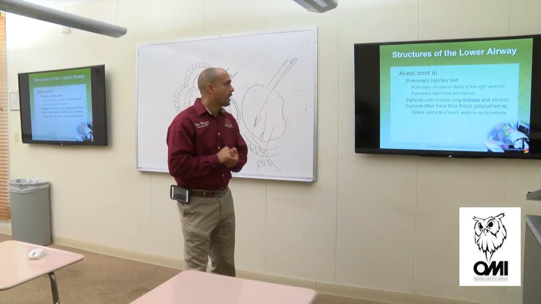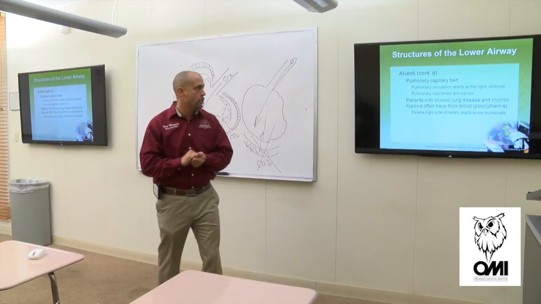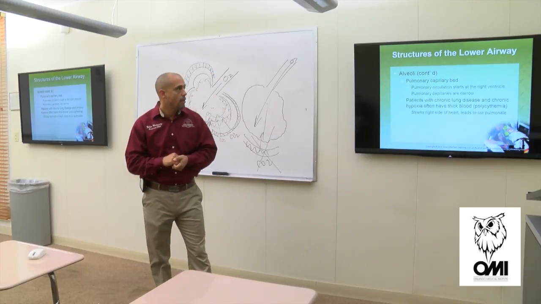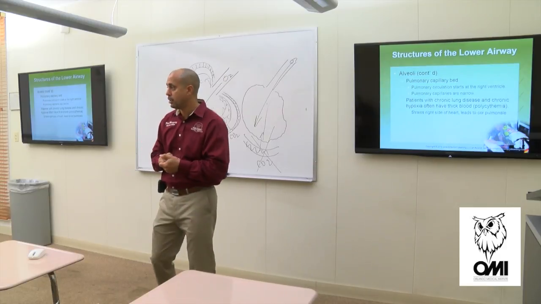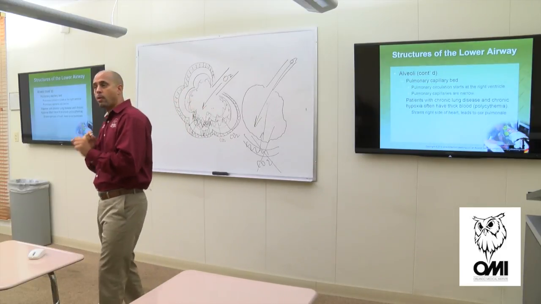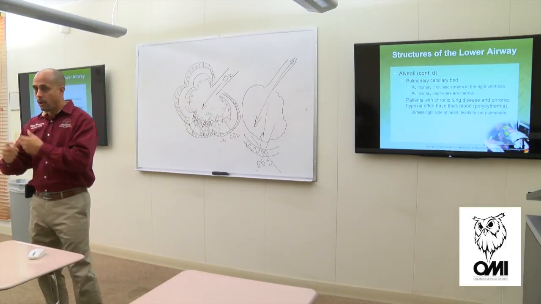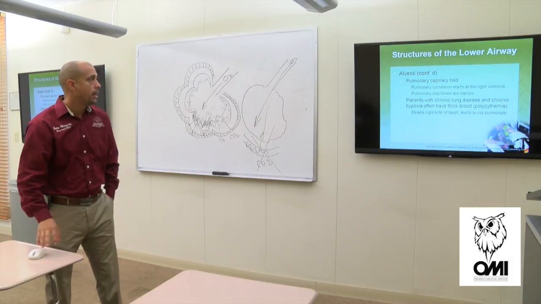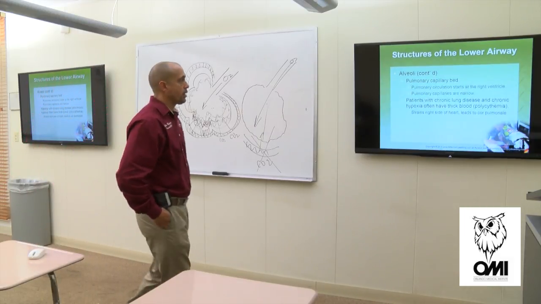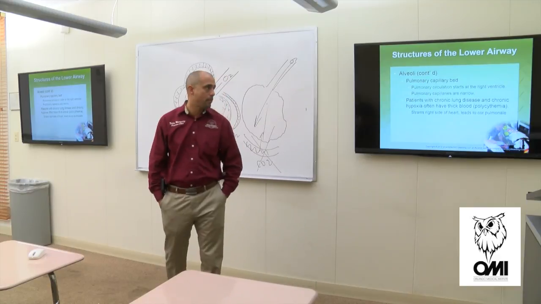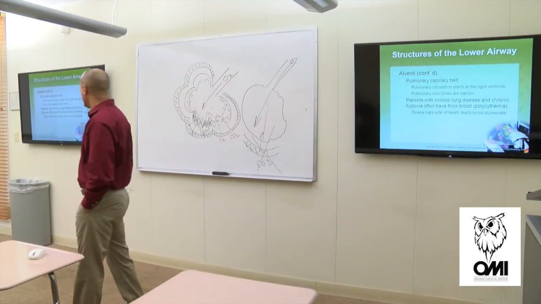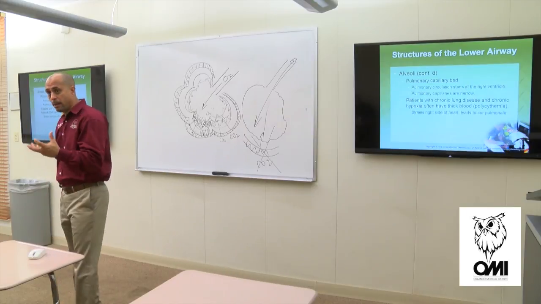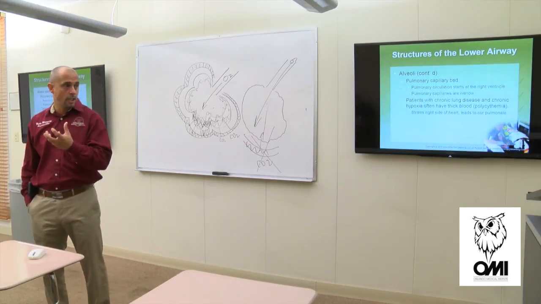All right, pulmonary capillary beds. Pulmonary circulation starts at the right ventricle. Pulmonary capillaries are very narrow, so small that only one red blood cell can pass at a time to off-gas. Patients with chronic lung disease and chronic hypoxia often have thick blood. That's going to increase pressure, and it's also going to hinder the body's ability to exchange gases.